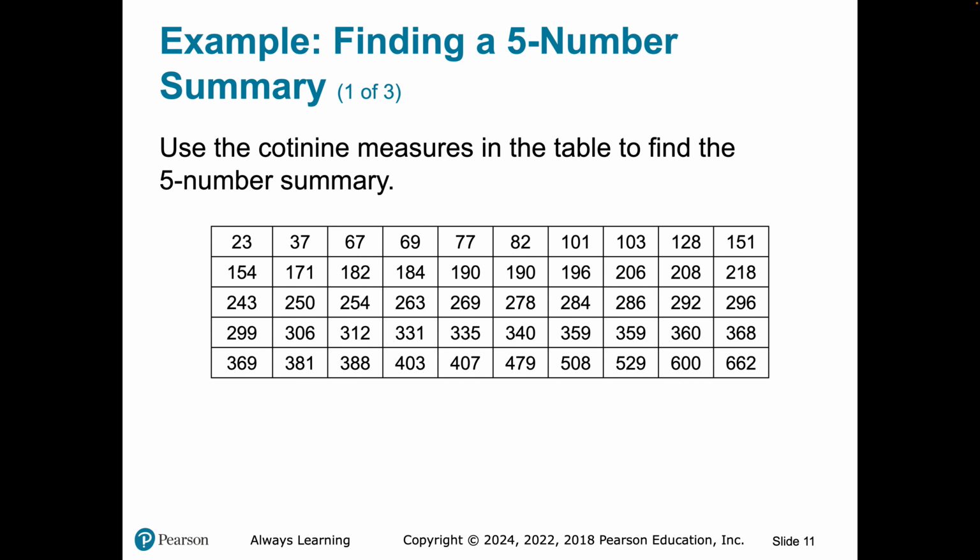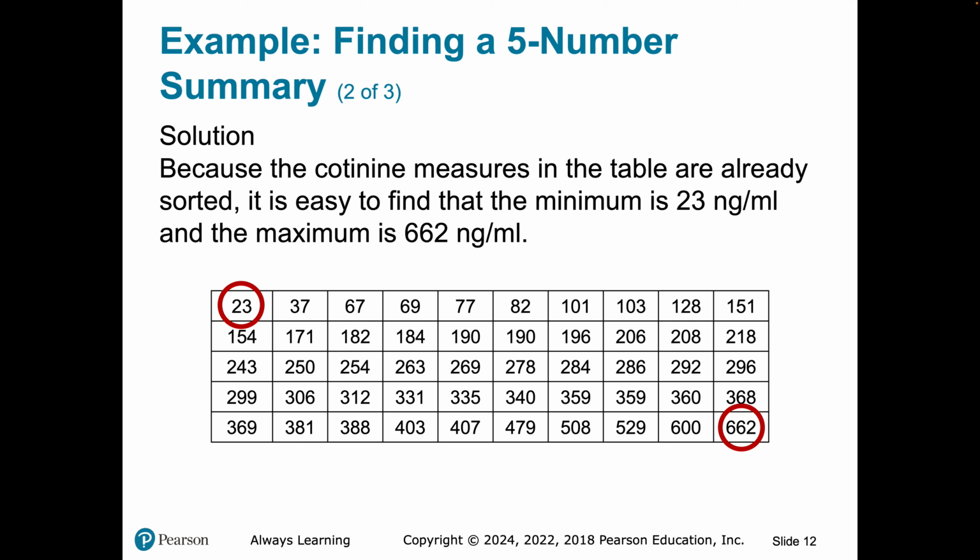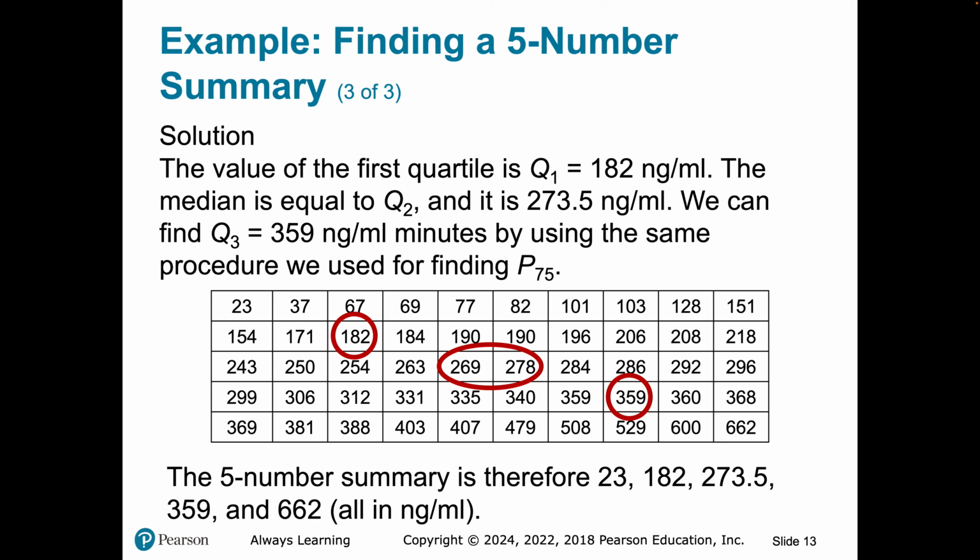Just a quick illustration. The numbers here range from low to high. Of the 5 numbers, 2 of them are really easy: the smallest and the biggest, which in this case are 23 and 662. Then we come to the center. In this case, we have an even number of measurements, so we find the average of the 2 center values. Then we find Q1 and Q3.